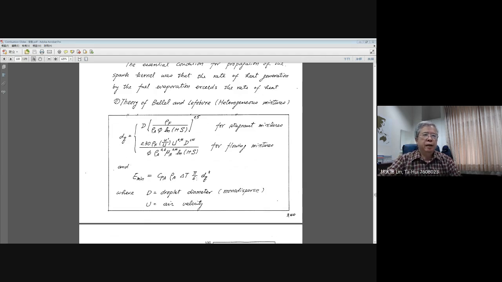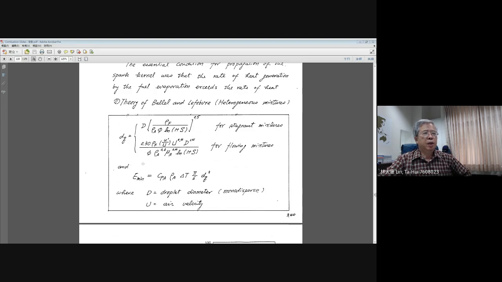This is pi divided by 6 times dq to the power of 3, which represents the volume of your spark kernel. The relationship was already explained earlier for the homogeneous mixtures. The dq here can be described for stagnant mixtures and flowing mixtures separately.